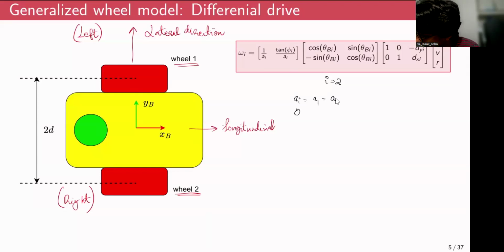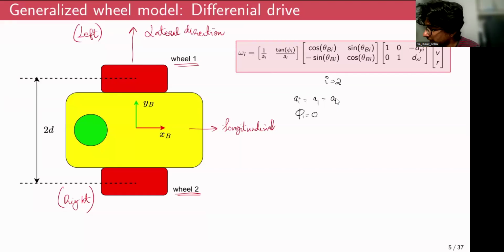And what was phi i? Phi i was the angle that a passive roller would make with respect to the YCi axis. YCi is the y coordinate of the steering axis. Since we don't have any passive rollers, it's just a conventional wheel, phi 1 is basically 0.